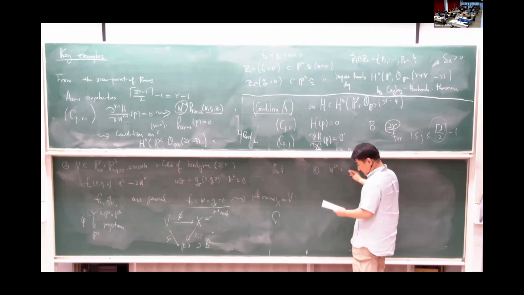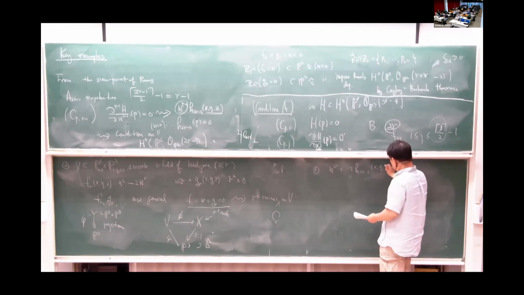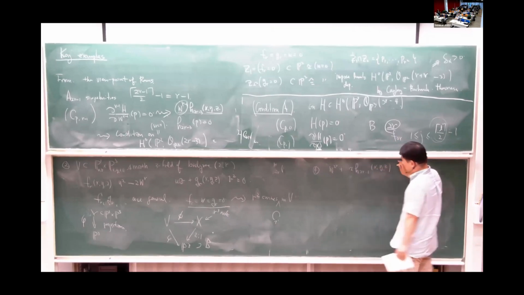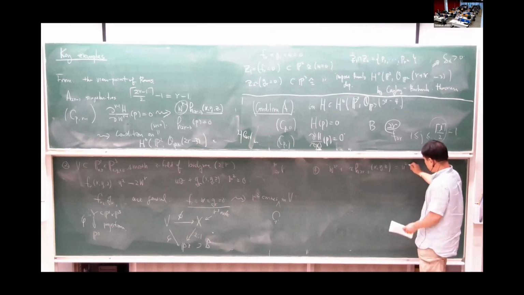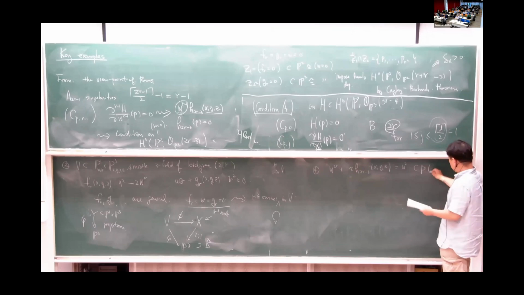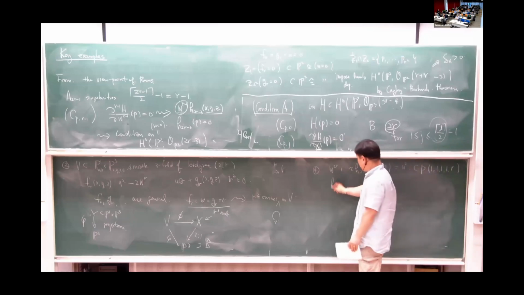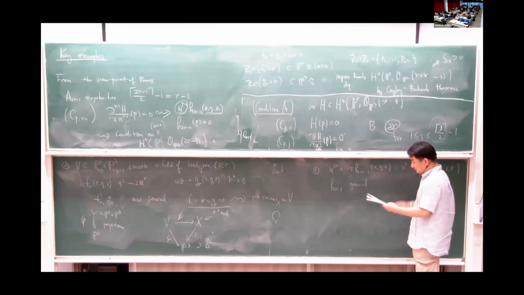Now I consider this type of double solid. So this is the ramification divisor. We consider a double solid ramified along this surface, and let's say this is general.